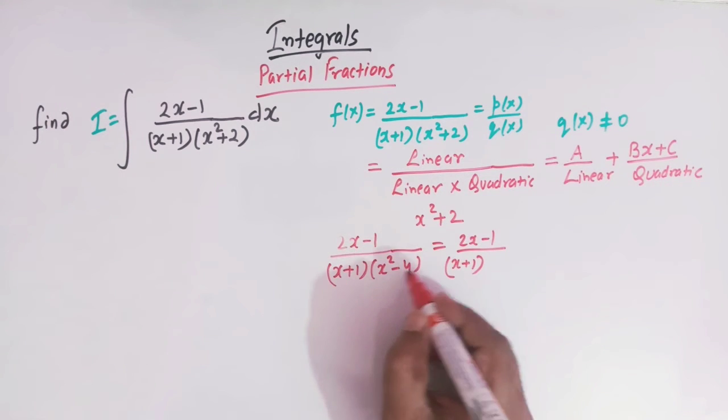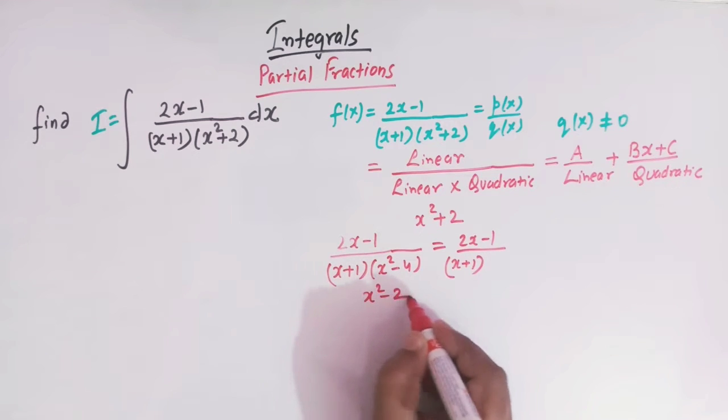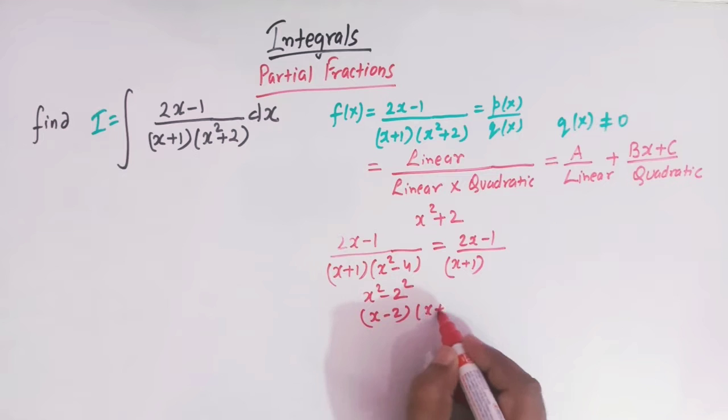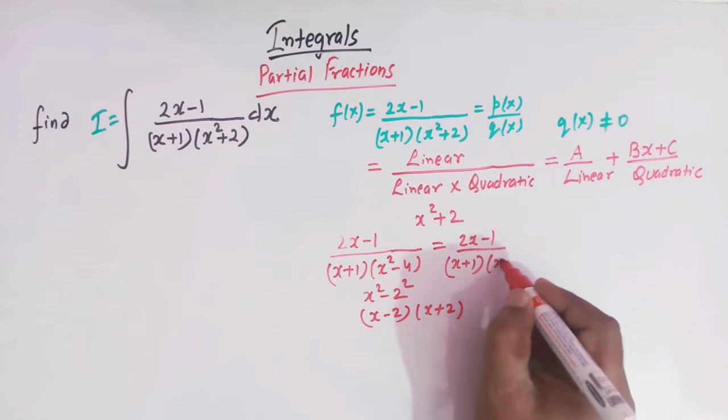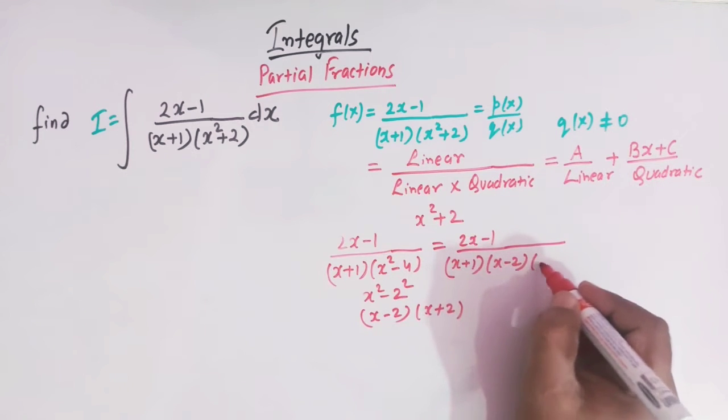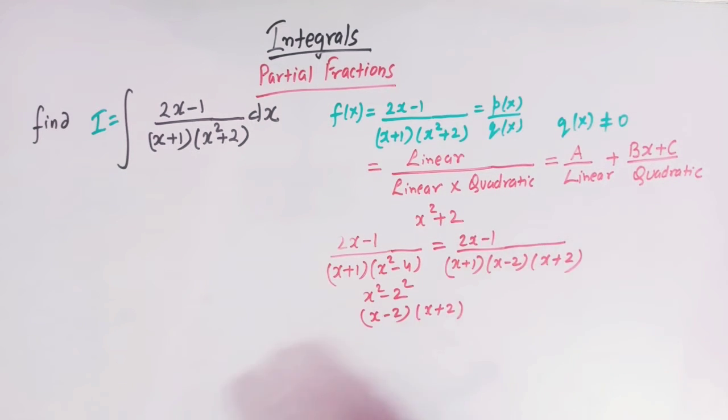And x square minus 4 can be written as (x minus 2)(x plus 2). So in that case we would have x minus 2 and x plus 2.